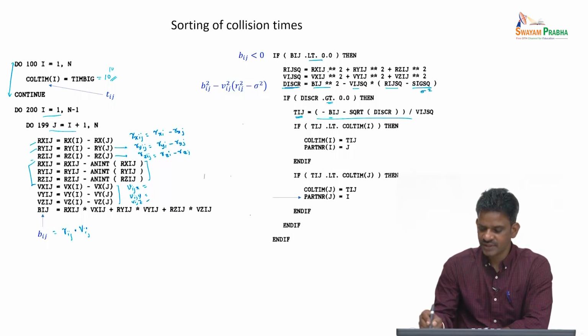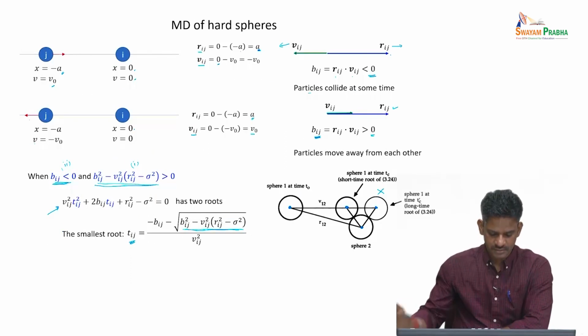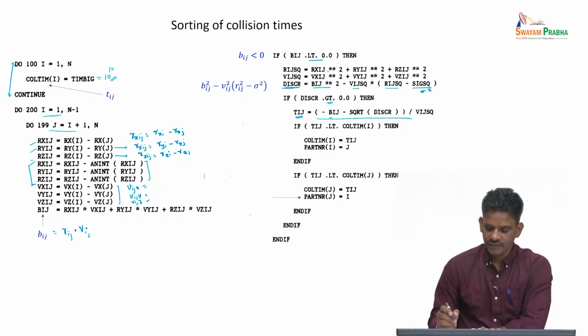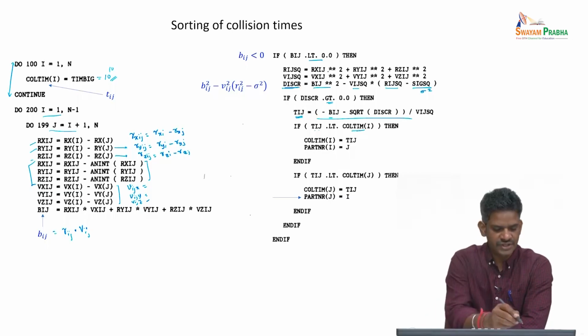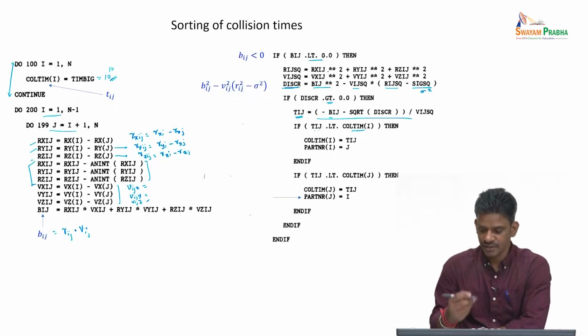This equation that you see here is nothing but this equation. Then we check whether the collision time of the ij pair is less than the collision time, which is initially put as some very large number. This is going to be updated continuously.